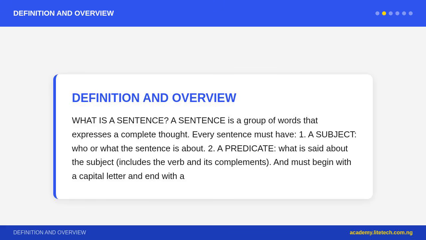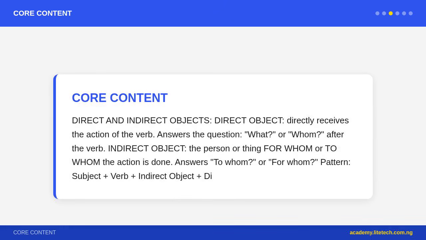Pattern: subject plus verb plus indirect object plus direct object. Example, Emike gave his sister a book. Gave, verb; his sister, indirect object, to whom; a book, direct object, what? Example, the teacher sent the student a message. Sent, verb; the student, indirect object; a message, direct object.